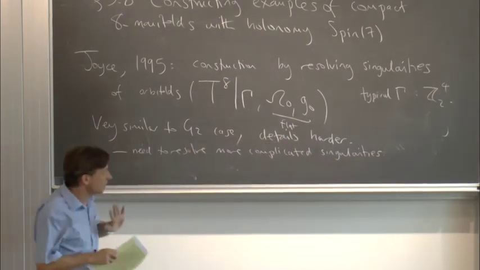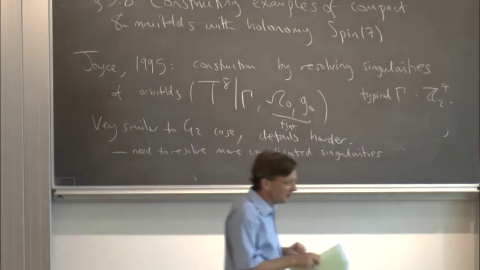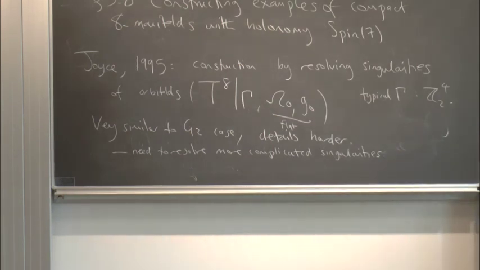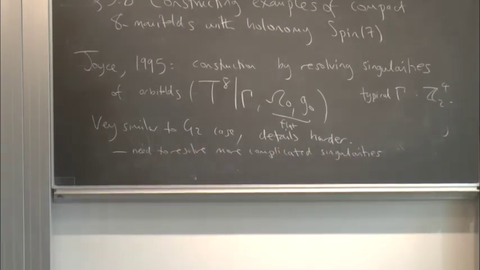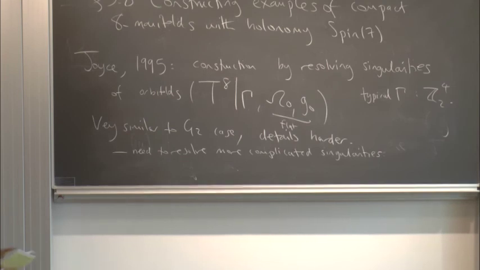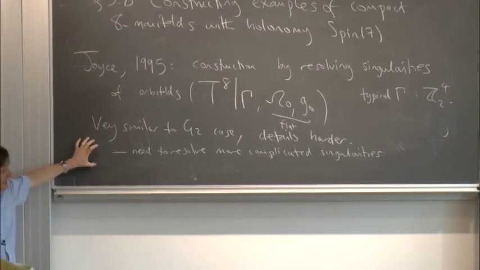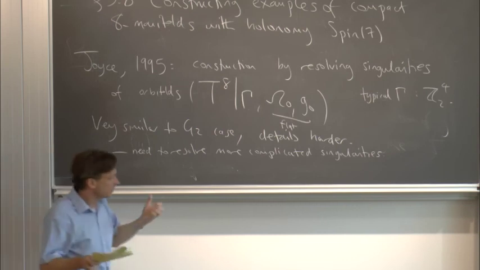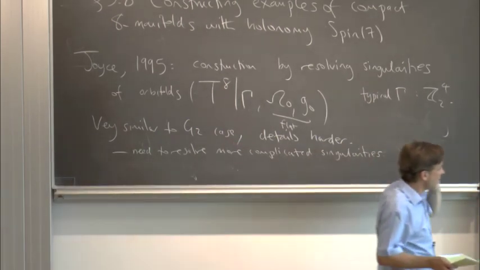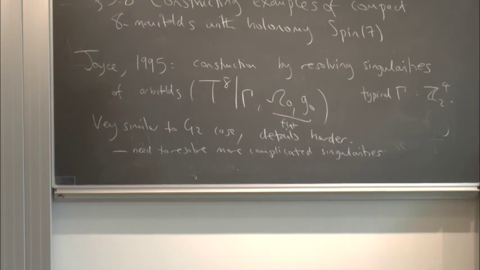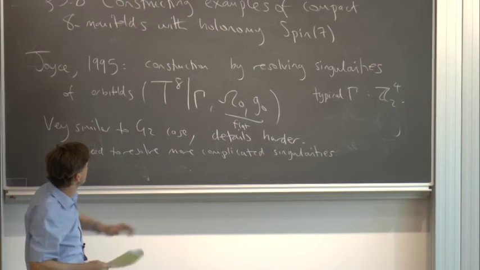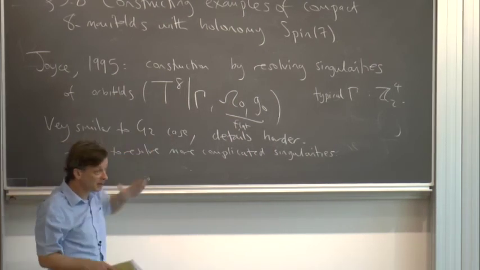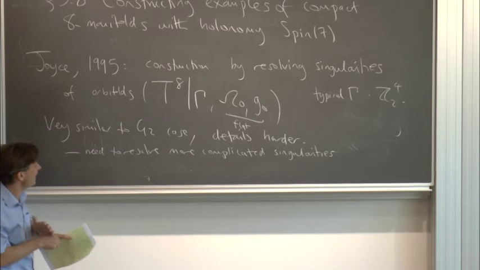One reason is that in the G2 case, you could arrange to have your singularities of the form T^3 cross a singularity and just separate them out. If you tried to do that in the Spin(7) case, you would find that you'd produce something with A roof genus 0, which you can show using properties of characteristic classes. So it's actually necessary to have an orbifold here which has some special points, and at those points different orbifold strata have to crash together.